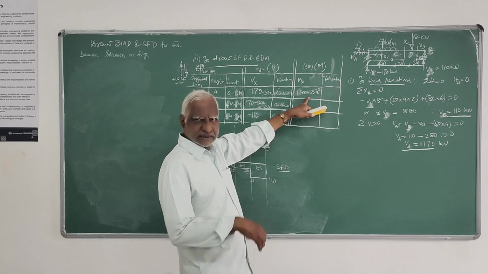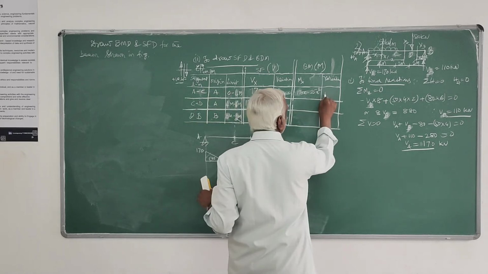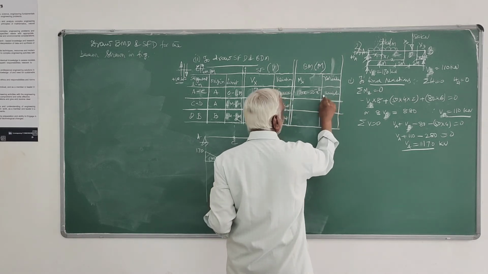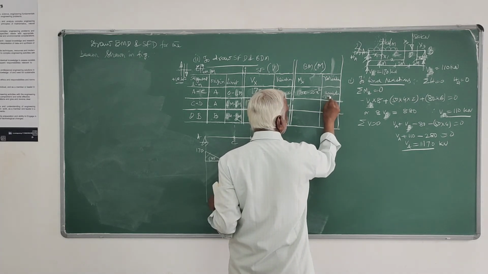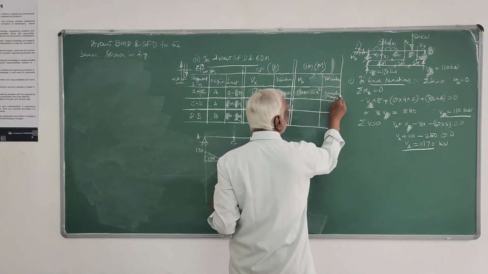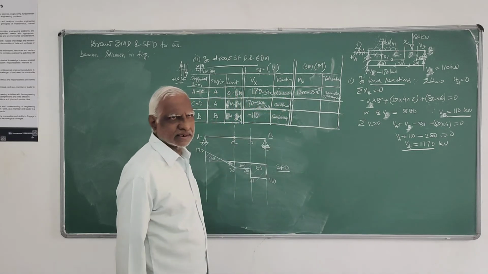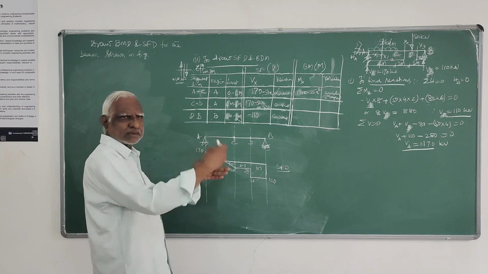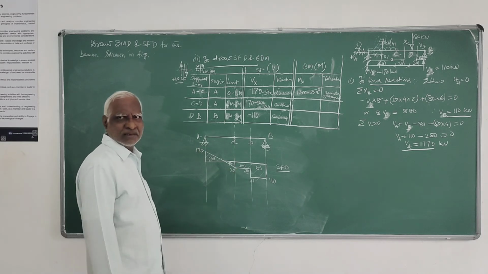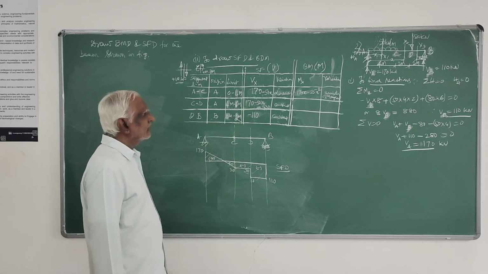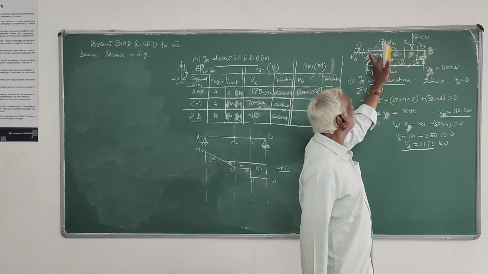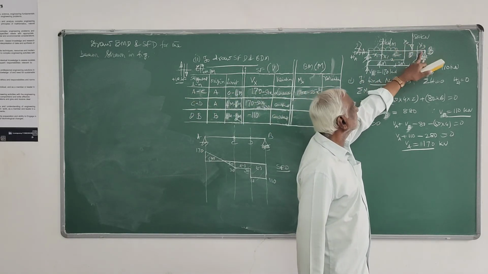That is a second degree curve, or parabolic. It is not y equals mx only. It is of the form y equals ax square plus bx plus c. That's parabolic.